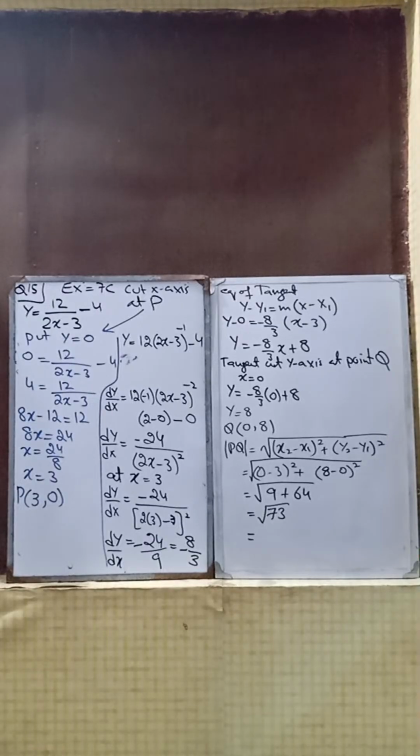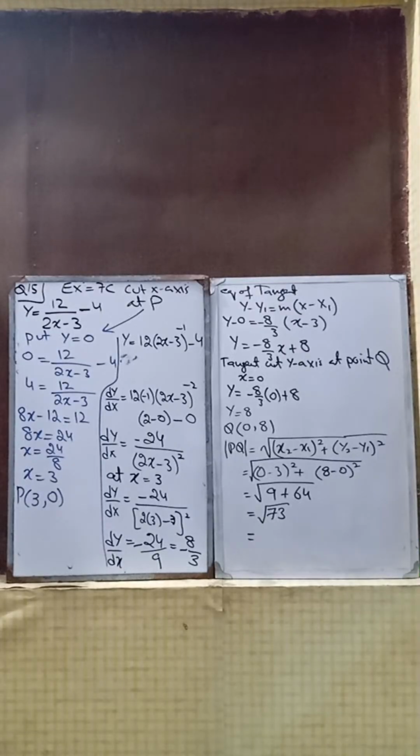Then I differentiated the equation of that curve. And once I differentiated it, in the place of x, I put 3 to find out the gradient of the tangent at the point P. So we found the gradient of the tangent to be minus 8 by 3. Then we found the equation of the tangent at the point P. So I used point P and the gradient.